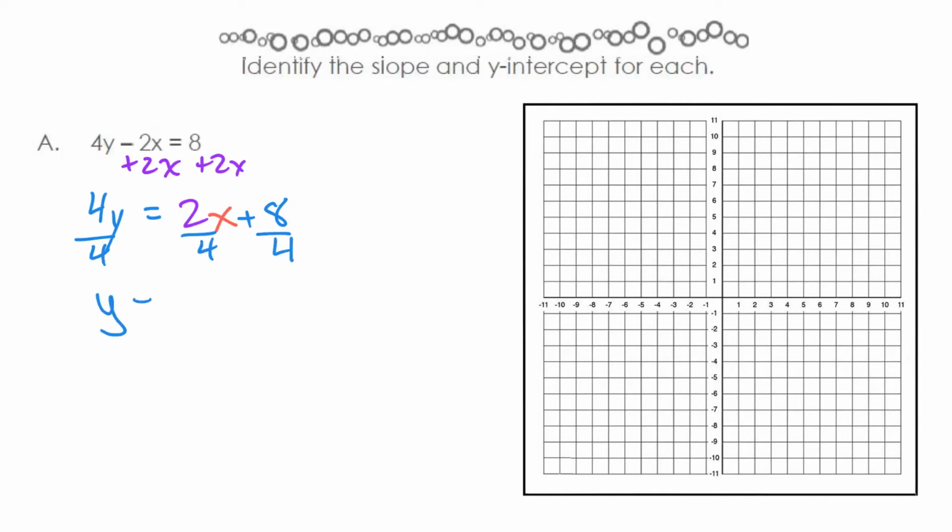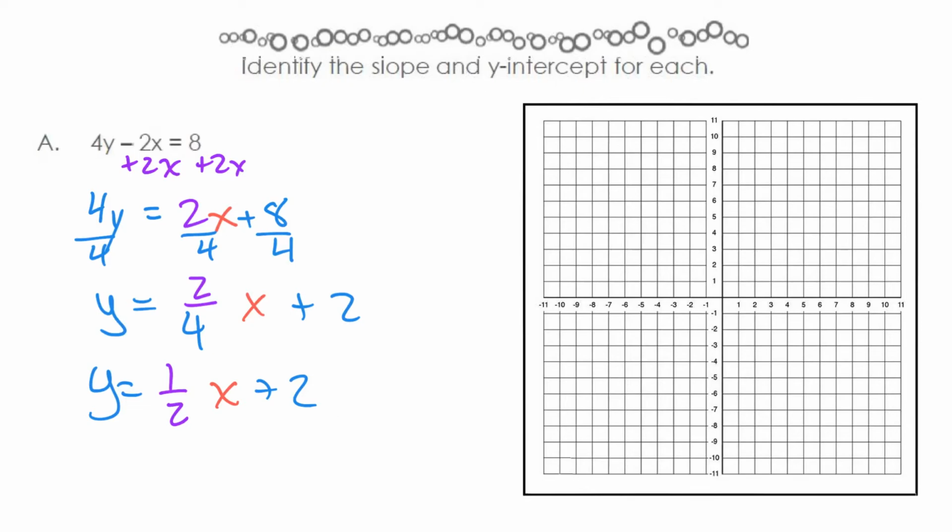I'm left with y is equal to 2 over 4x plus 2. So I could also write this as y is equal to 1 over 2x plus 2.